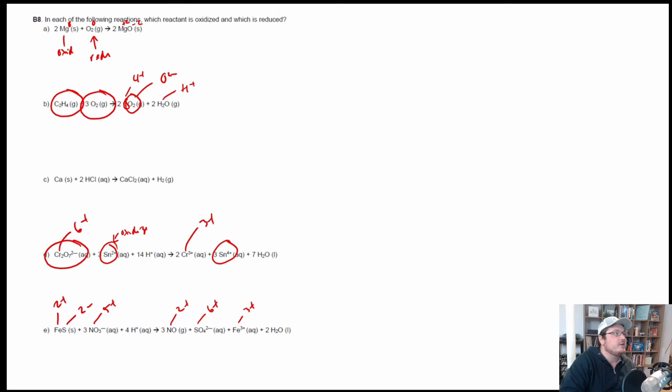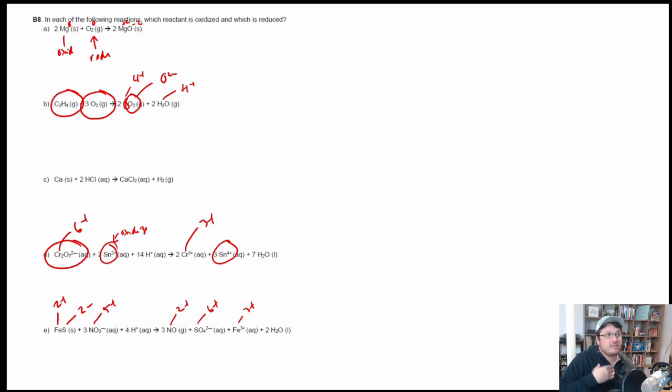And so you have to think about what's going on. So the iron sulfide in that case, both of those atoms now are being oxidized. They're both gaining oxidation states, they're all becoming more positive. For the nitrate, that's starting off at 5 plus, that's going down to 2 plus. That's going to be reduced.